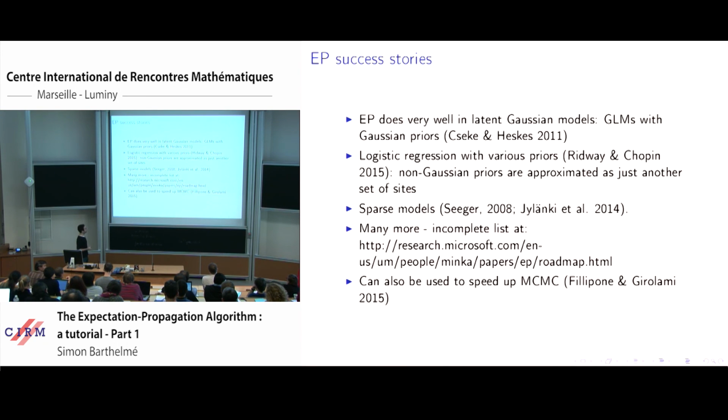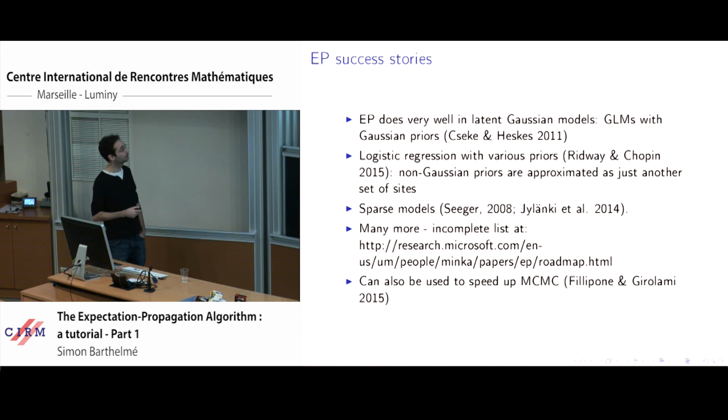EP also does very well in sparse models, where you try to squeeze some of the coefficients down to 0. So essentially, again, GLMs or linear models, and you squeeze some of the coefficients down to 0. If you don't have too many parameters, then EP does very well. Otherwise, the linear algebra just gets horrible. And you don't want to go there, but if you have on the order of 1,000 to 10,000 parameters, then you get very good performance out of EP.